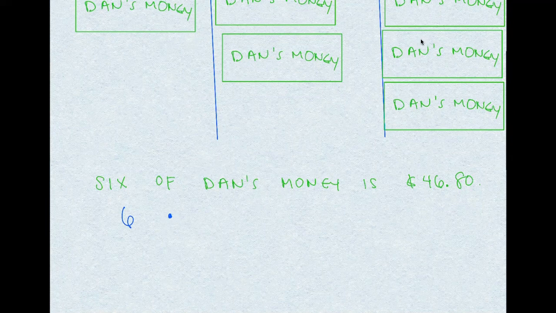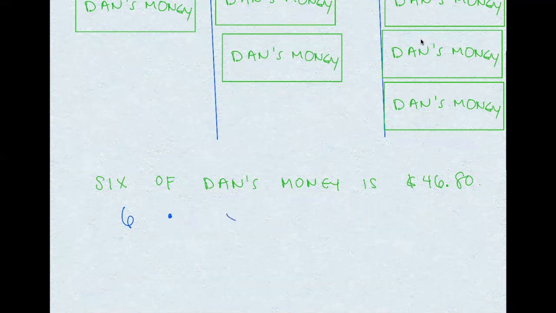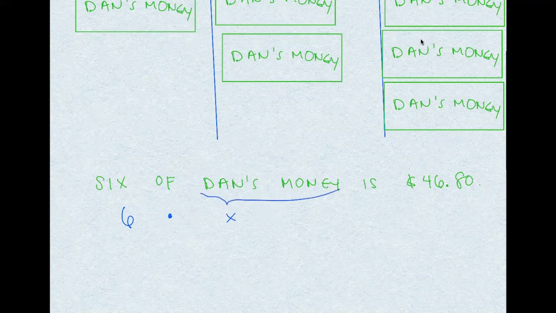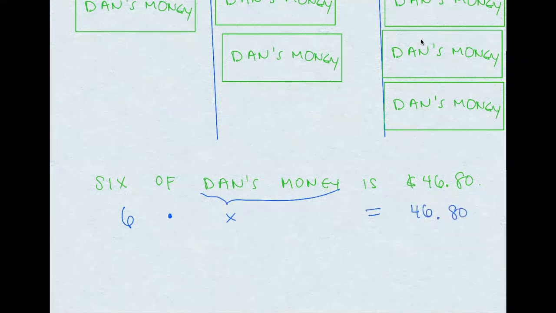I think I'll use X just because it'll look very different than a 6, whereas a messy D could look like a backwards 6, and I wouldn't want to confuse anybody. So again, that X means Dan's money. Is the equal sign. And then $46.80, you just write 46.80 or 46 and 80 hundredths.